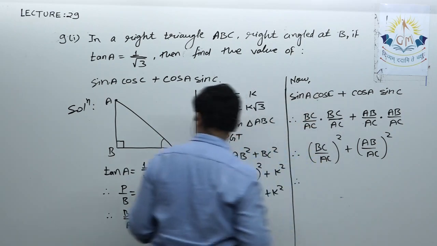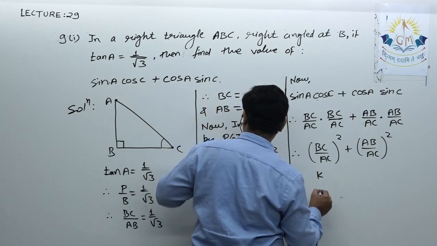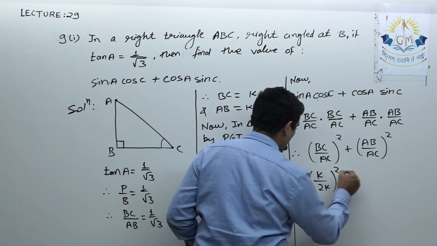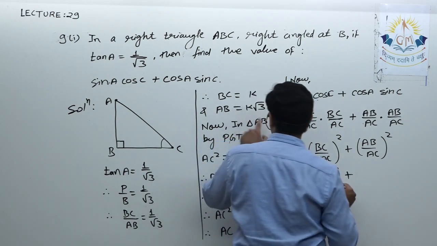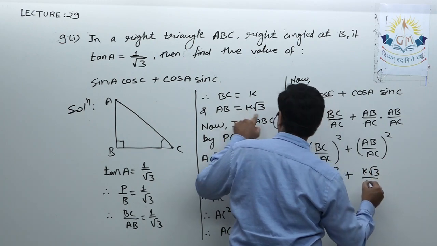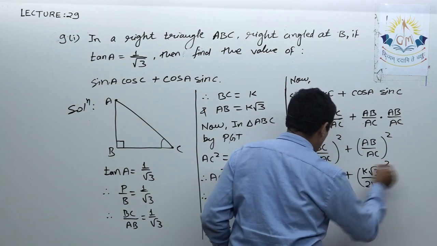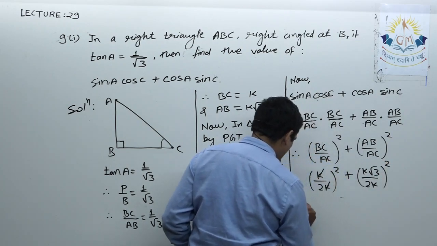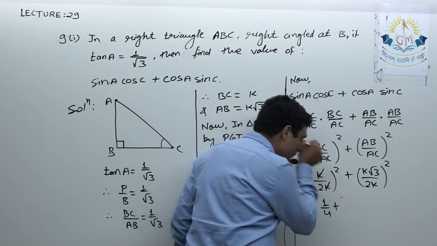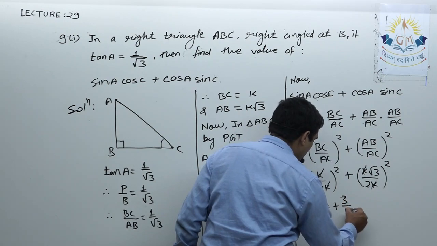Now the value of BC is K, the value of AC is 2K, whole square, plus the value of AB is K root 3, the value of AC is 2K, whole square. I can cancel this K with this K, so here it is 1 upon 2, so 1 upon 4 plus, here again K and K will cancel out, root 3 square is 3, 2 square is 4.